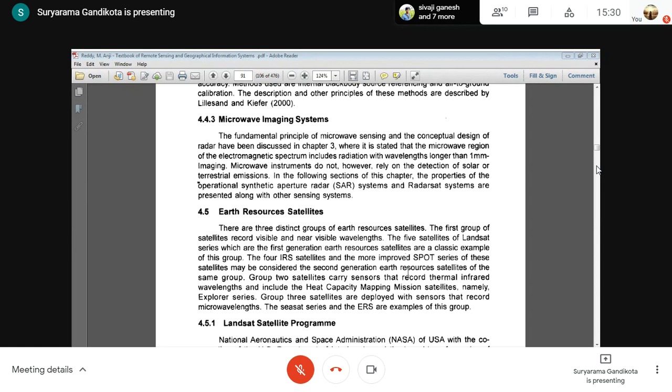Microwave instruments don't rely on the detection of solar or terrestrial emissions.